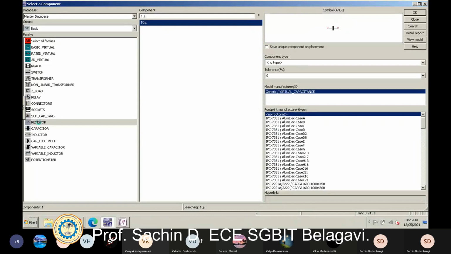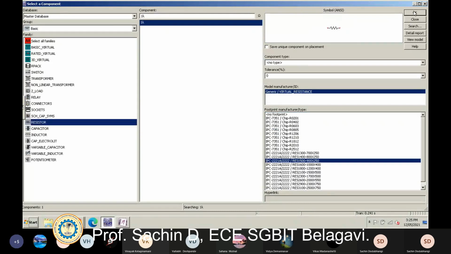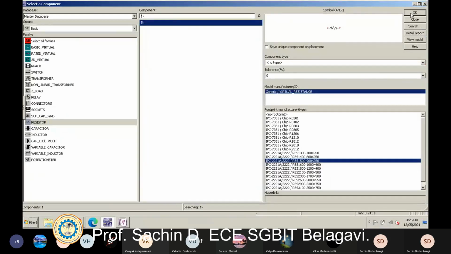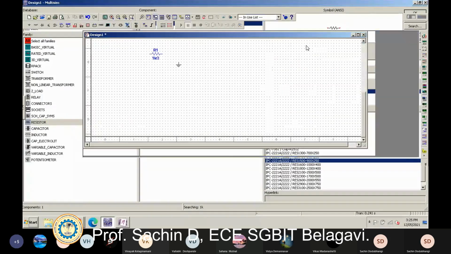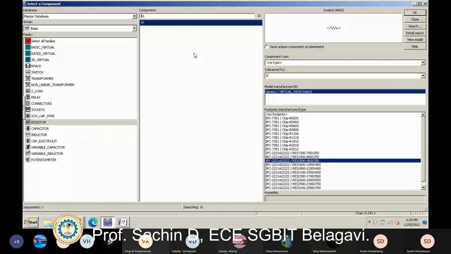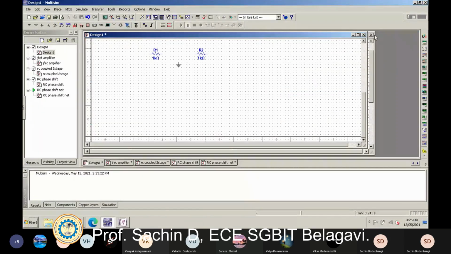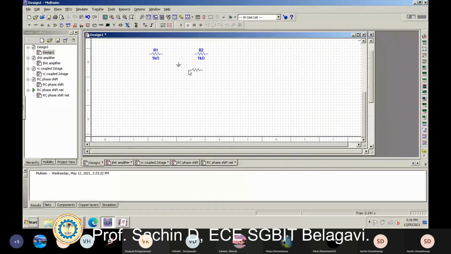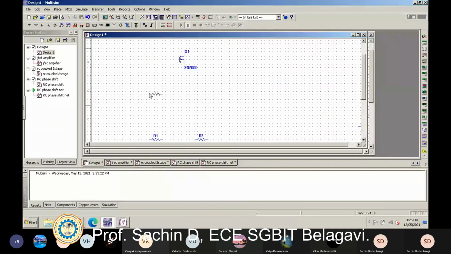In basics, resistors are here. For the voltage divider circuit that we solved today, I am just going with that circuit. So I'll place 4 resistors for the voltage divider here, and afterwards you can change the value of these resistors also.